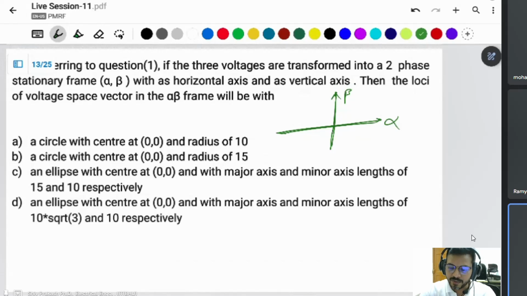Only the magnitude and angle will change with respect to time.